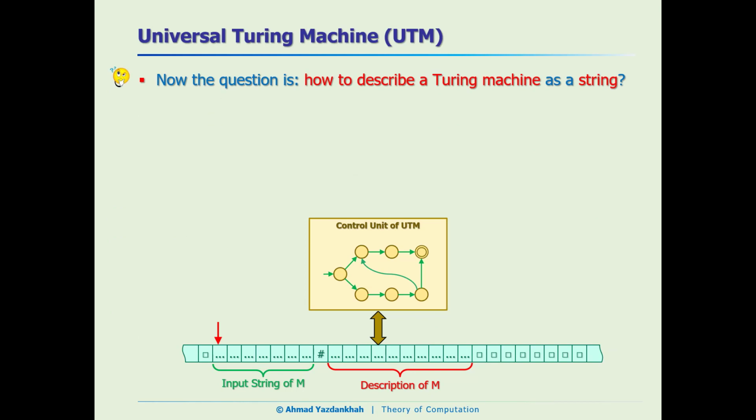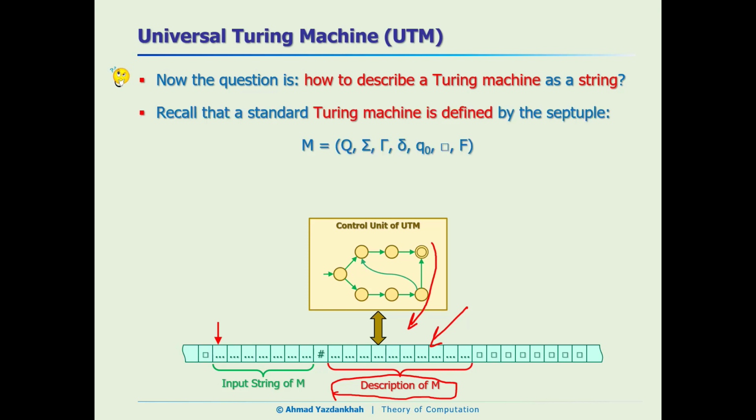Now we encounter another important question. How can we describe a Turing machine as a string? Specifically, I am talking about this part here. We said that we need to put a description of a Turing machine here in such a way that the UTM can understand it. But how can we do that? This is the topic of our next section, but let me give you some hints.